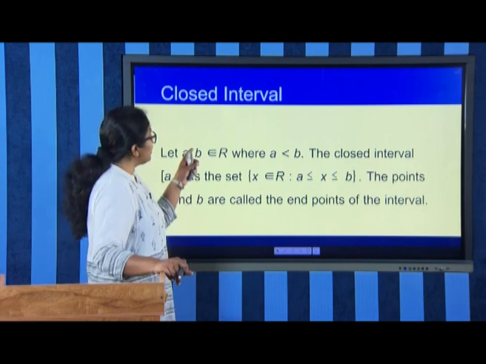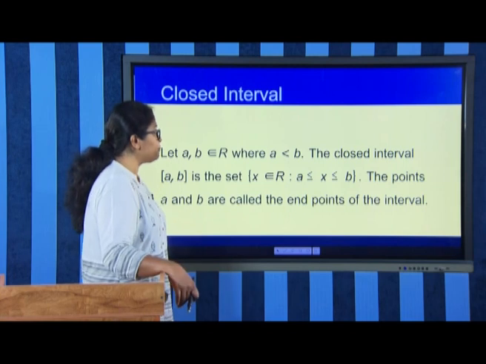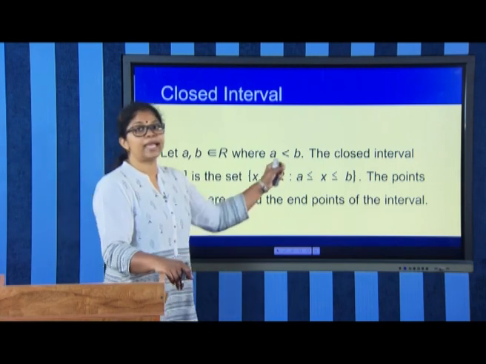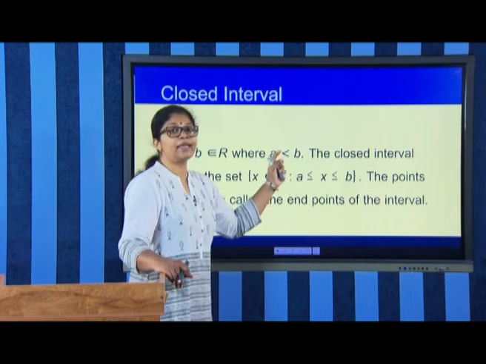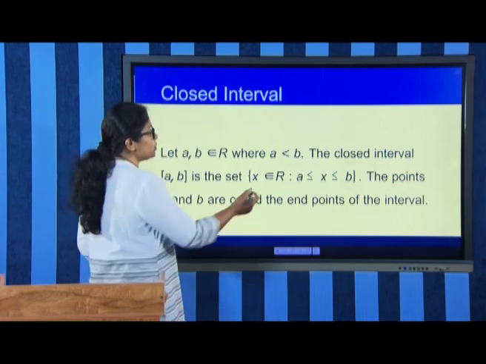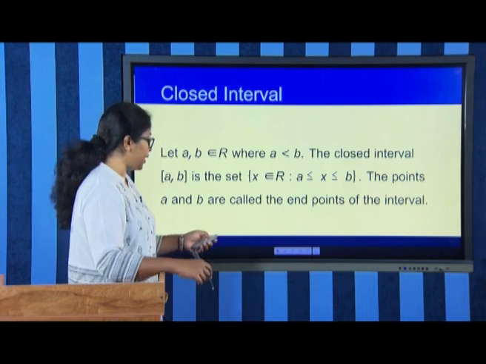Whereas, if a and b are elements of R where a is less than b, the closed interval [a, b] consists of all those elements x which are between a and b and including a and b. Here also these points a and b are called the endpoints of the interval.